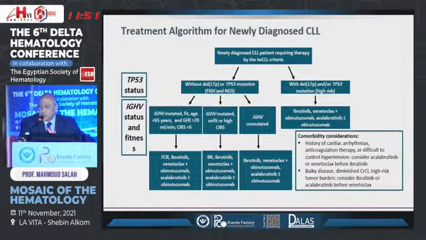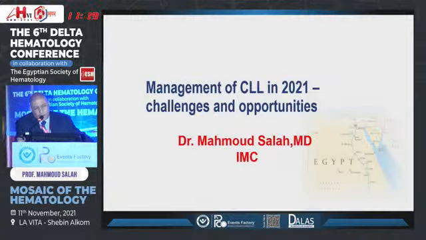If the patient has a history of cardiac arrhythmias and is receiving anticoagulation therapy, or has difficult-to-control hypertension, consider acalabrutinib or venetoclax before ibrutinib. Patients with bulky disease, diminished creatinine clearance and high-risk tumor burden, consider ibrutinib or acalabrutinib before venetoclax. So this is the algorithm for the different patients with newly diagnosed CLL.